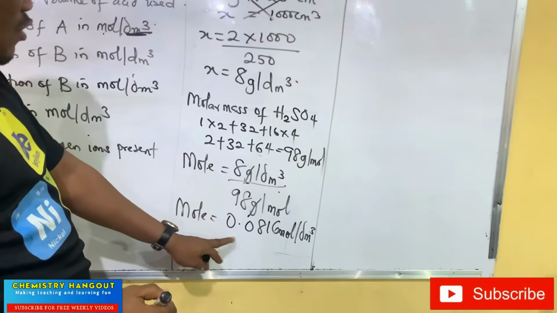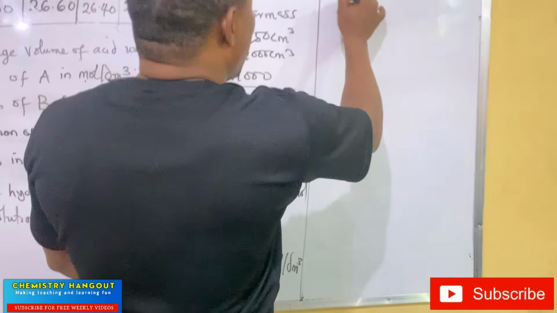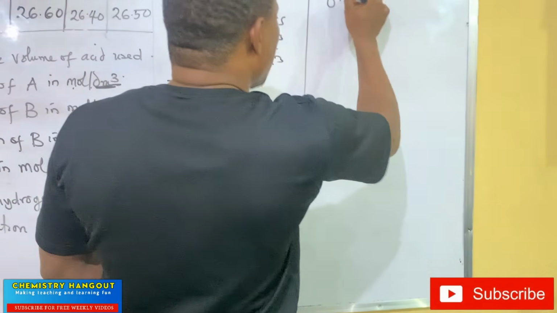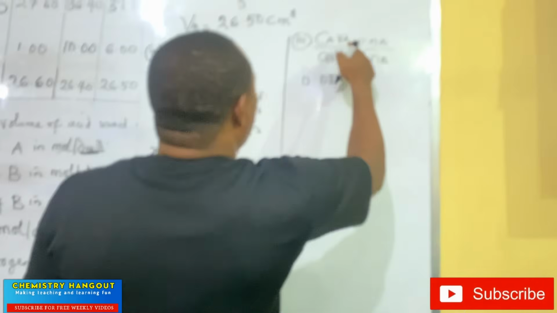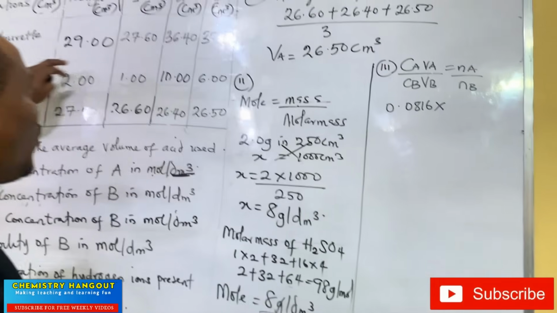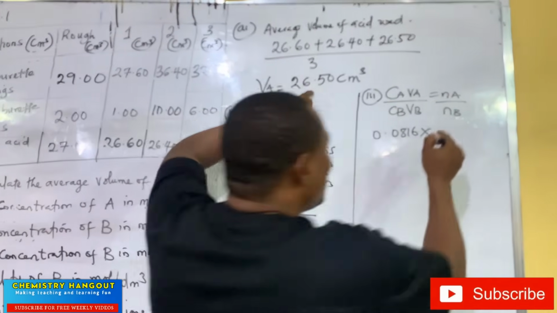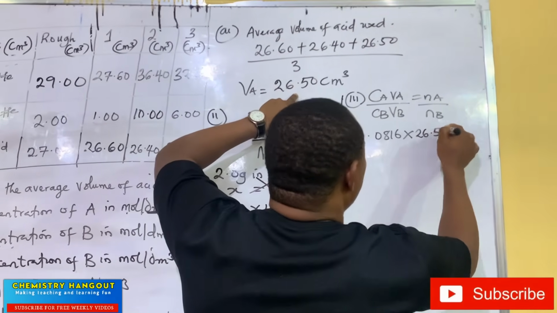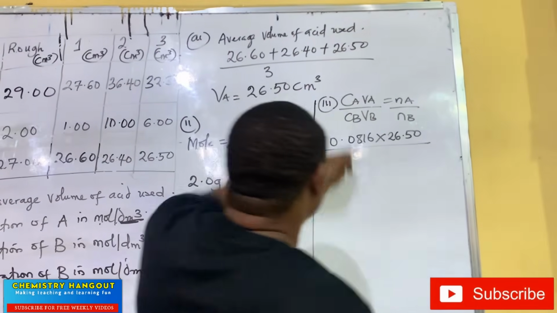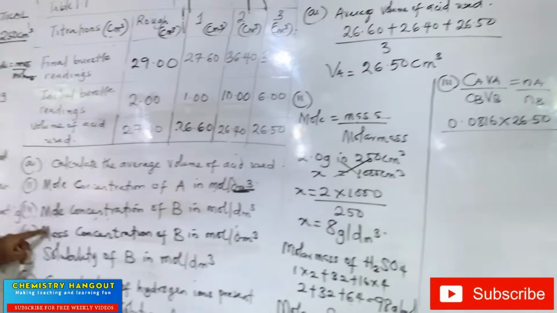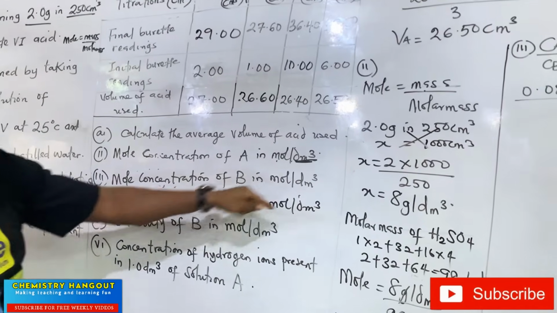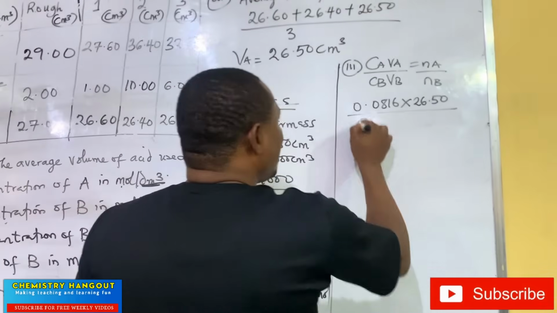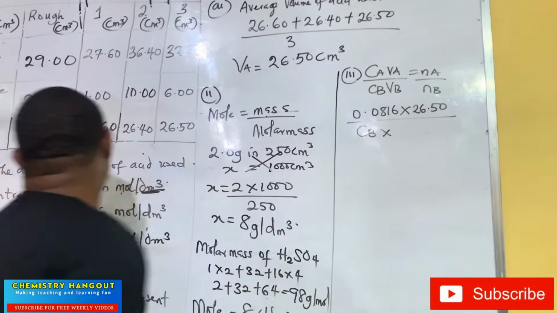That's 0.0816 times the volume of A, that's the value we got, 26.50, over concentration of B. Did you know that's what we are looking for? Mole concentration of B. That's what we are looking for. CB times the volume of base.